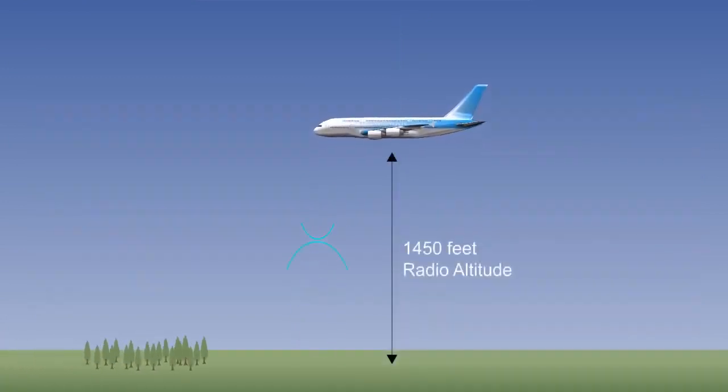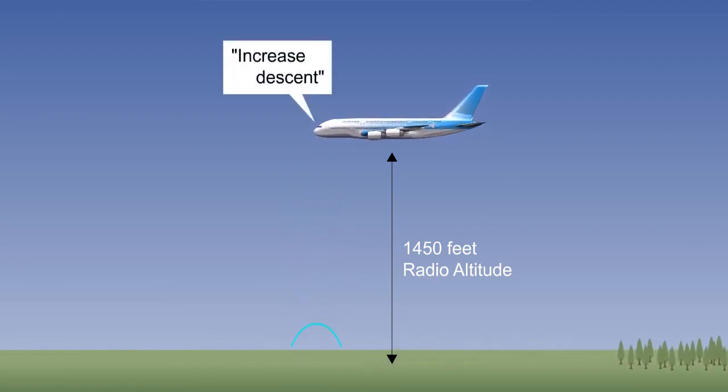There are times when the aircraft is not going to be able to follow a full resolution advisory, and so there are various inputs into the system which restricts TCAS resolution advisories. An input from the radio altimeter restricts resolution advisories from issuing the increased descent instruction below 1,450 feet.